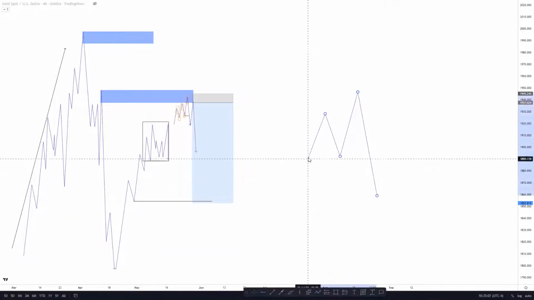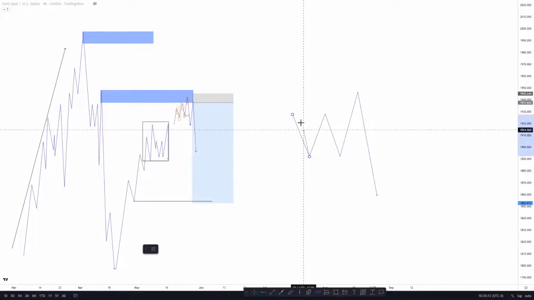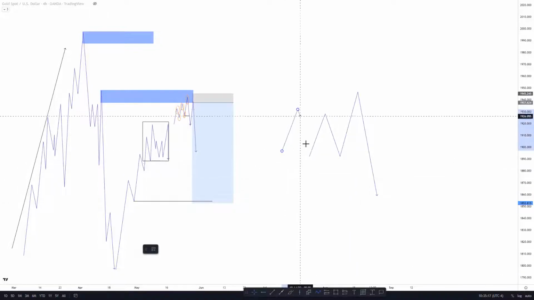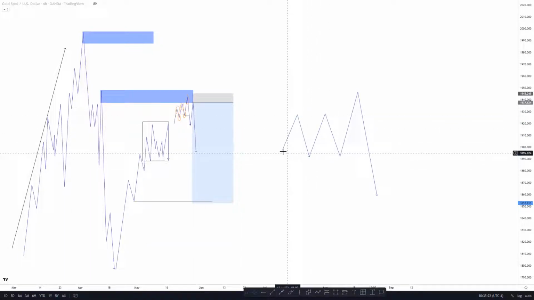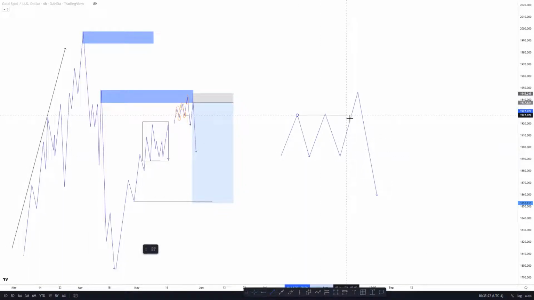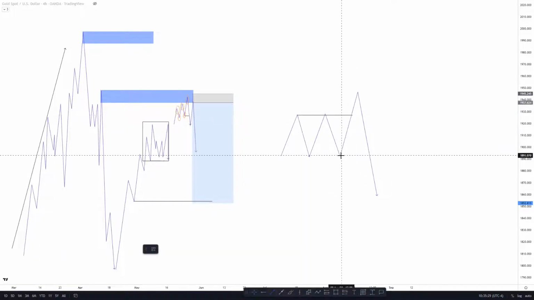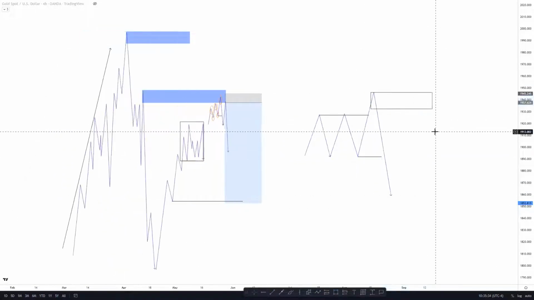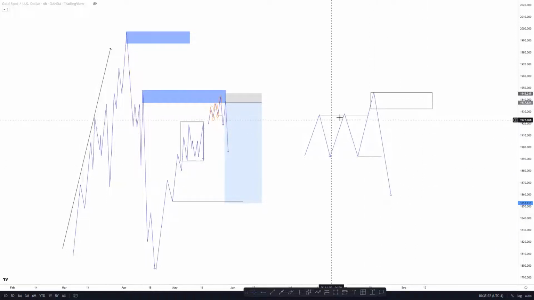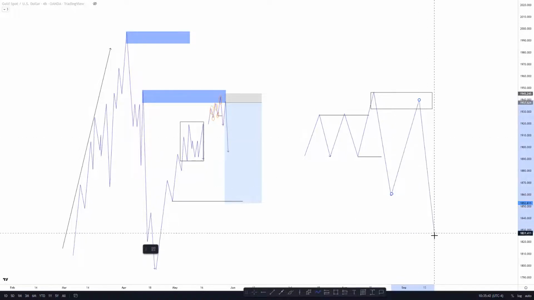So for instance, if price has taken out some sort of double top, like some kind of double top, and given us a stop hunt, and we have a breaking market structure, this is where I will look for sells. Price has to take some sort of liquidity and give a BMS. So I will look for sells around here.